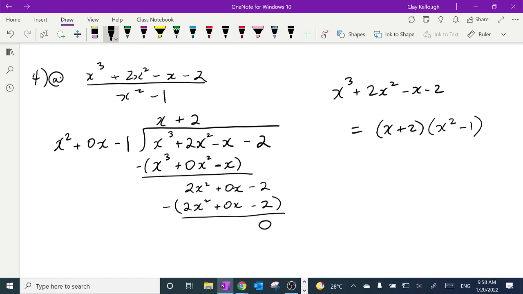And I don't know if you can see this, but suppose this had been a function that I was trying to figure out what it looked like. Because cubics can look weird, right?